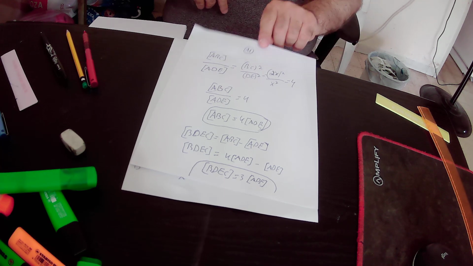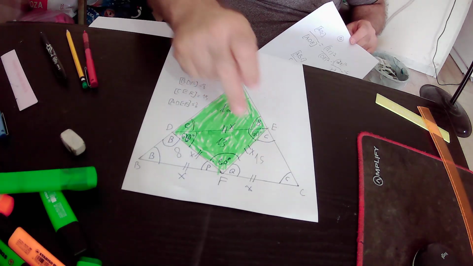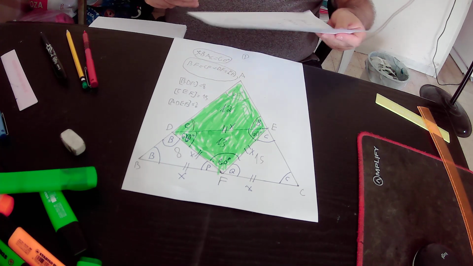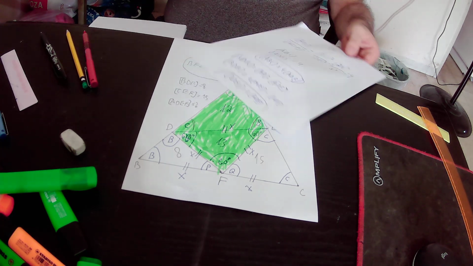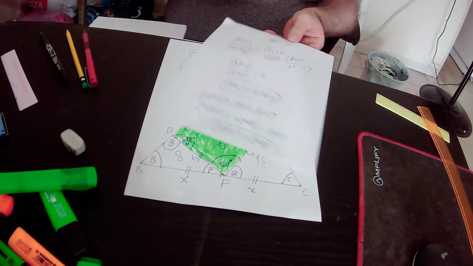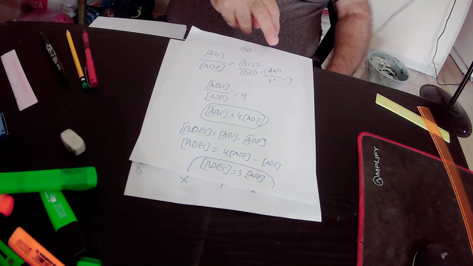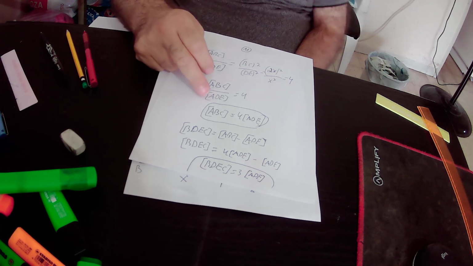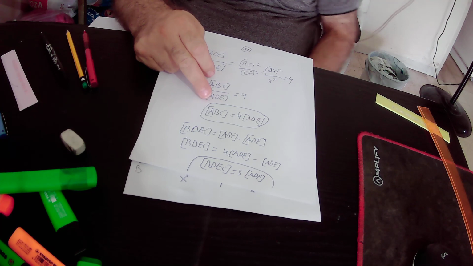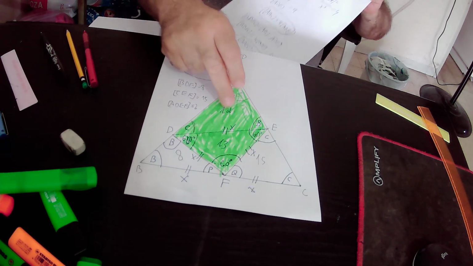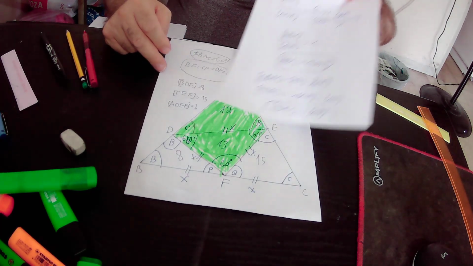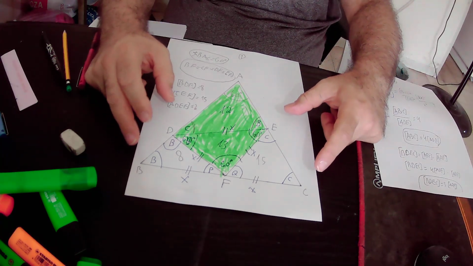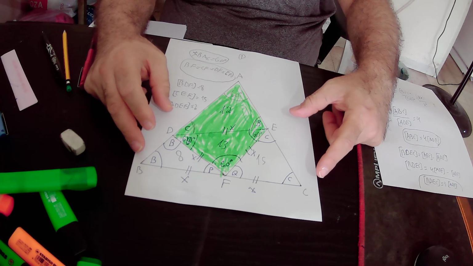Okay, and we know that BC equals x plus x and DE equals x. So we actually have here 2x squared over x squared, which is 4. So we found out that the area of triangle ABC equals 4 times the area of triangle ADE. And then we calculated the area of quadrilateral DBEC.